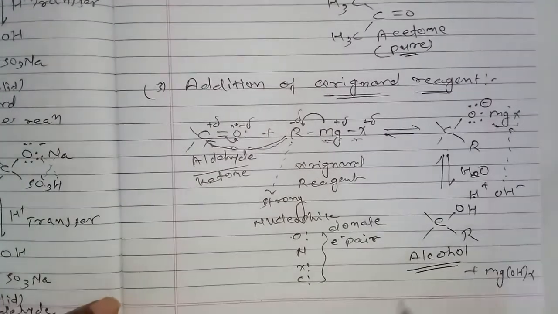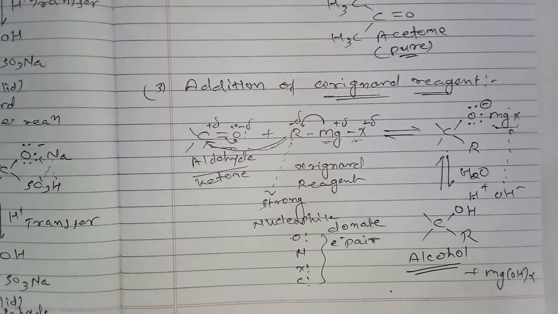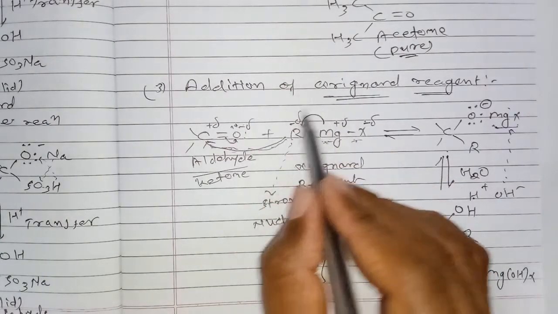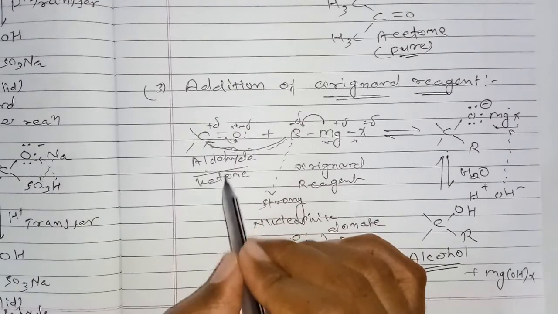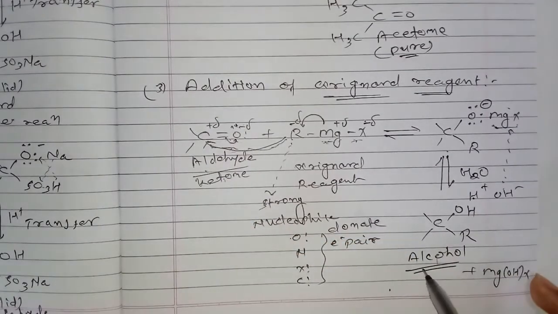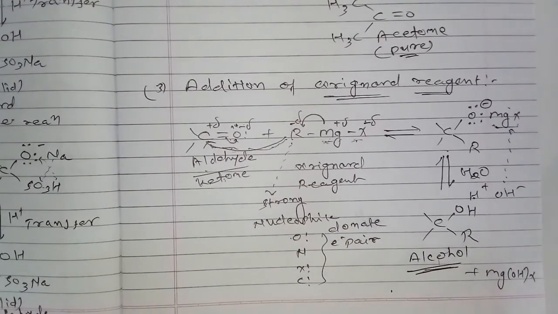Either it may be primary, secondary or tertiary. Here, by addition of Grignard reagent to the aldehyde and ketone, alcohol is formed.